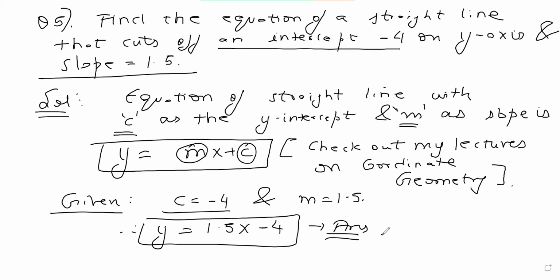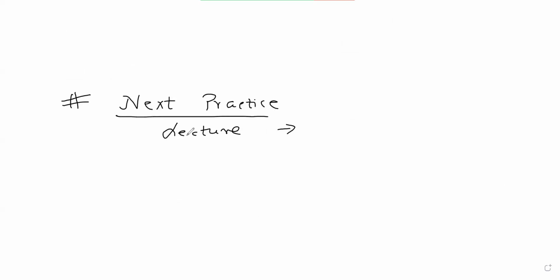In the next lecture, we are going to practice some more problems on straight lines. In the next practice lecture for mathematical methods for economics part 1, or I call it the basic mathematical methods for economics course, we are going to look at more problems on straight lines.